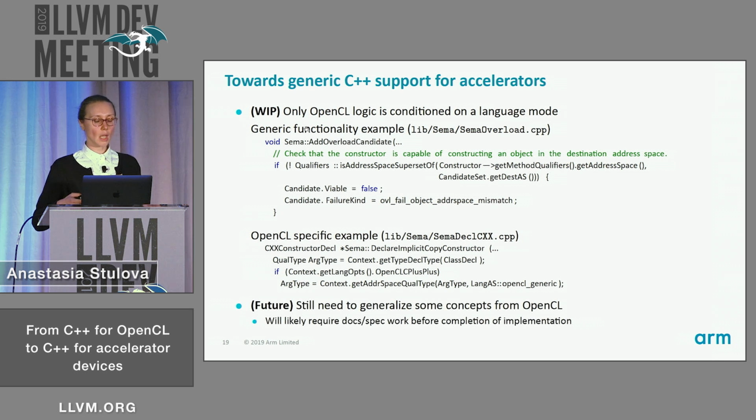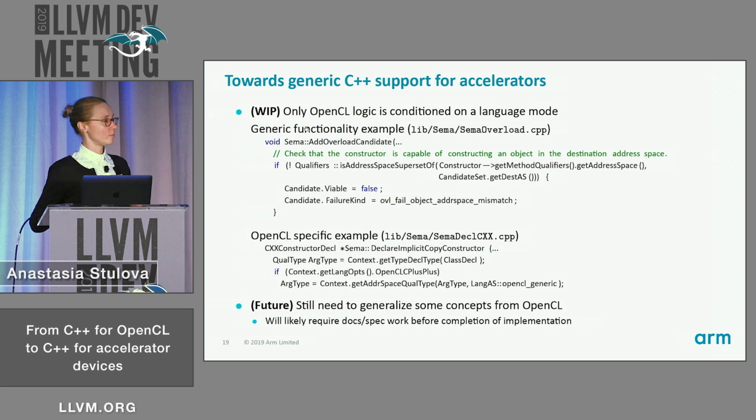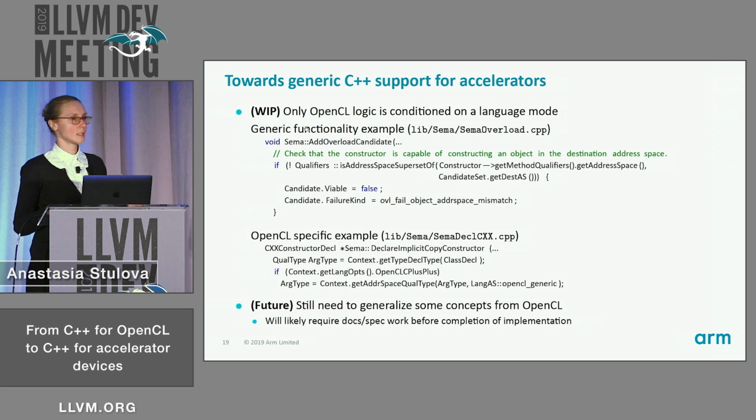Now, the implementation for C++ does provide a lot of features right now. It's still incomplete, and there are a number of OpenCL-specific functionalities that were added that we have to generalize in order to have fully functional support for address spaces in C++.